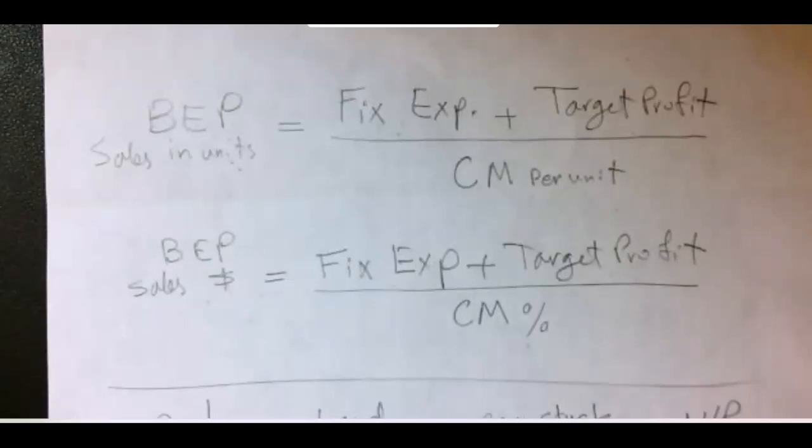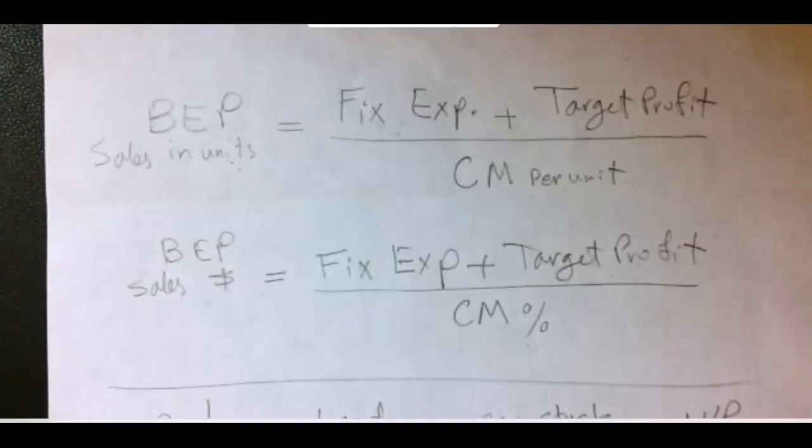That gives you sales in units to get to the target profit, and sales in dollars to get to the target profit. So this formula that I'm giving you is a comprehensive formula. All you need to do is apply this to all your cost-volume-profit analysis calculations.